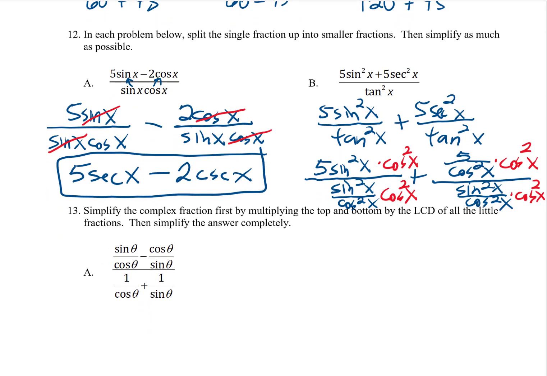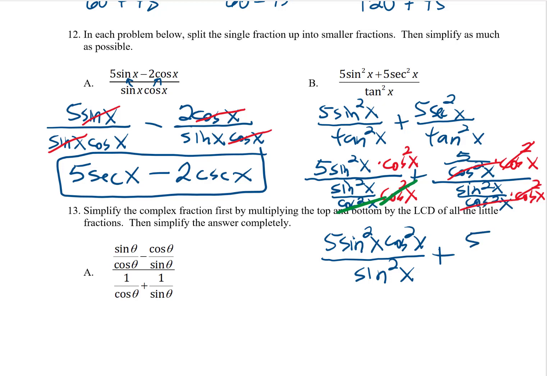In that first fraction, I can see the cosine squareds wipe out. So I will have 5 sine squared x cosine squared x over sine squared x. And in the second fraction, both cosine squareds go out. And so I have 5 over sine squared x.